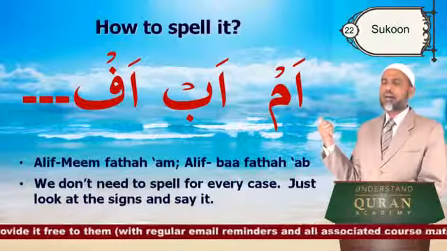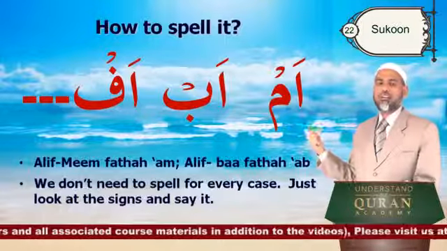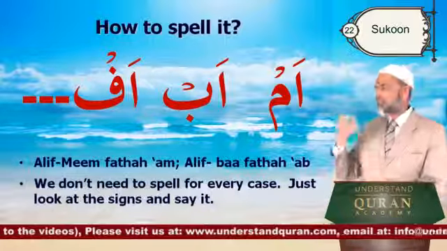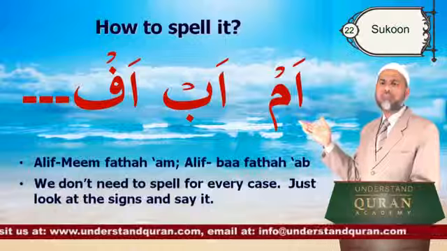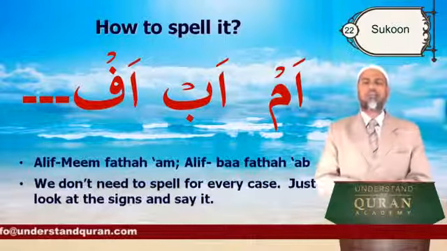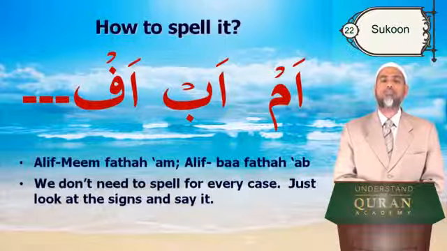Alif, Mim, fatha, am. Alif, ba, fatha, ab. Alif, fa, fatha, af. We don't need to spell every case. Just look at the sukoon sign and merge it. Help it. You don't have to say all these steps except in challenging words, big words.